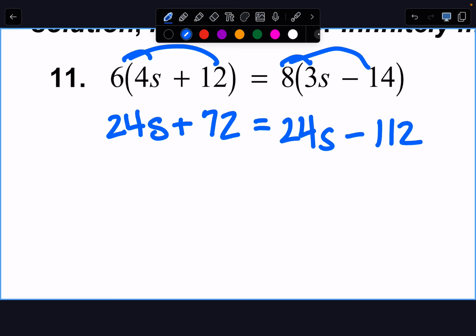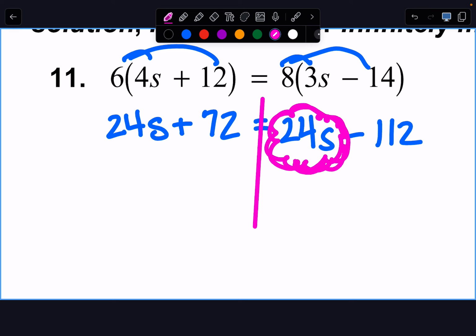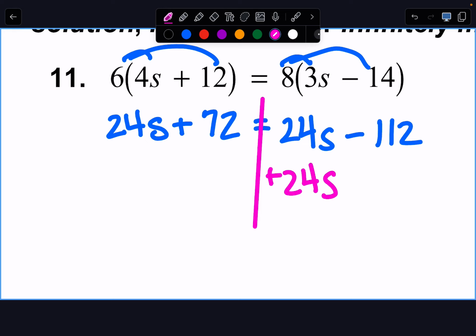Okay, so I want to move, and this is why I'm saying move the variables first. I want to move my variable to the left side. So how do I undo this guy over here? So you're saying I should add 24s? Okay, we need to subtract 24s.